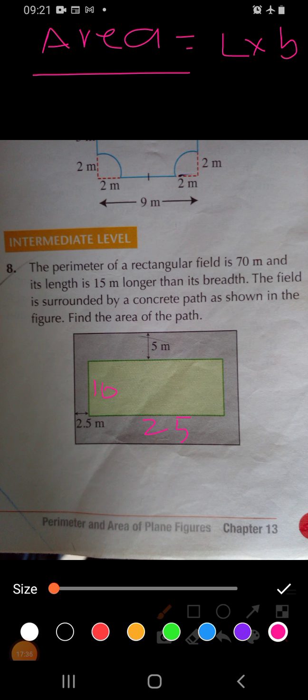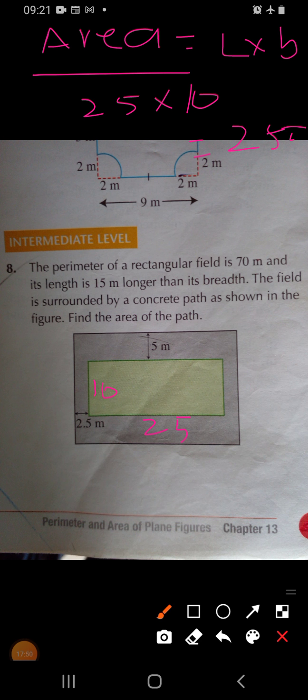So the length is 25 into 10. I am talking about the smaller rectangle. 25 into 10 will give me 250 meter square. Area is always in meter square.